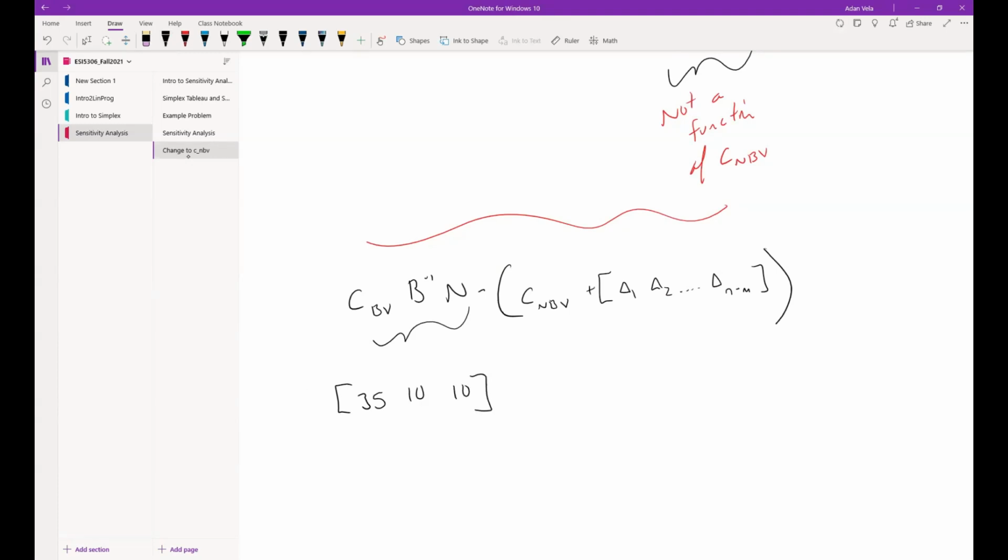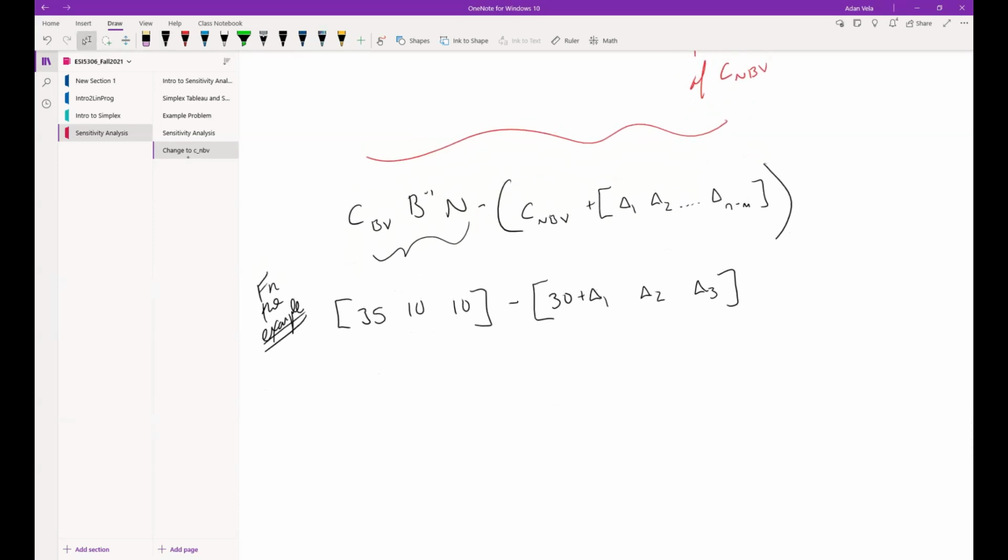So this is for the example. But I'm going to give you a little word of warning when you do this, so you just need to be careful. Here we'd subtract off 30 plus delta 1, delta 2, and delta 3.